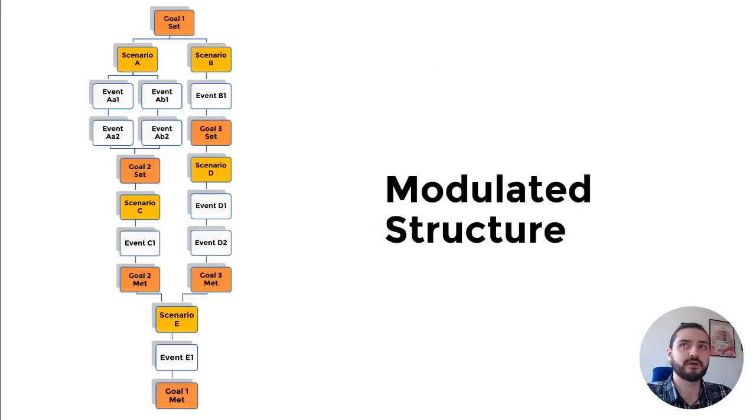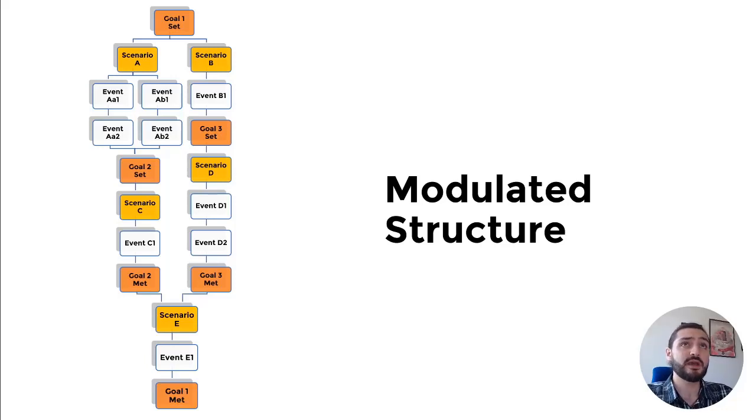So here's an example of a modulated level structure. As you can see, goal 1 is set at the top and is met at the very end. Goal 1, after it has been set, breaks into two scenarios, scenario A and scenario B. If the player chooses scenario B, it's a very linear traditional path that goes from scenario B, event B1, goal 3 being set, scenario D, two events, goal 3 being met, scenario E, event E1, and then eventually goal 1 being met and completed.